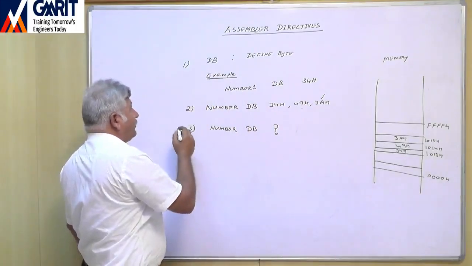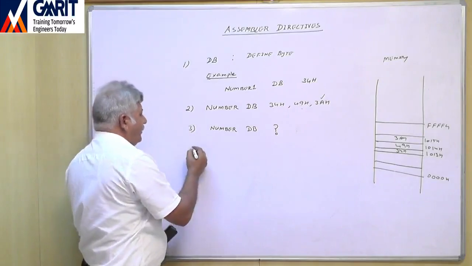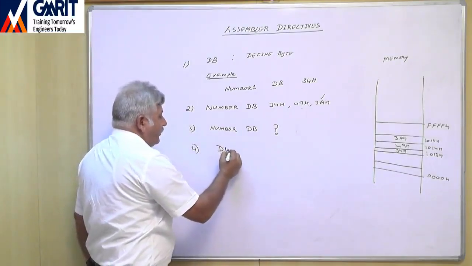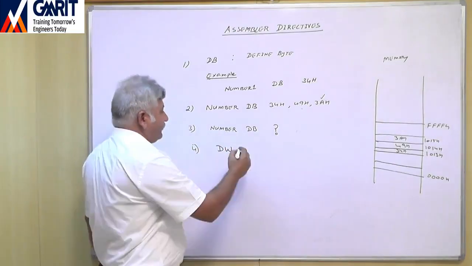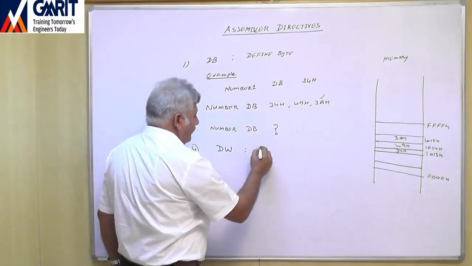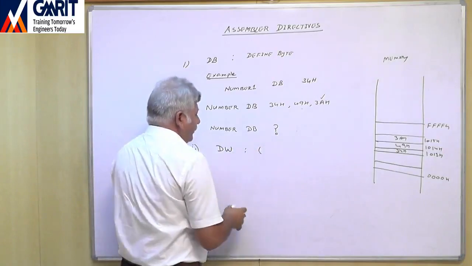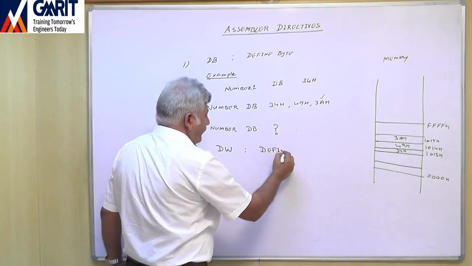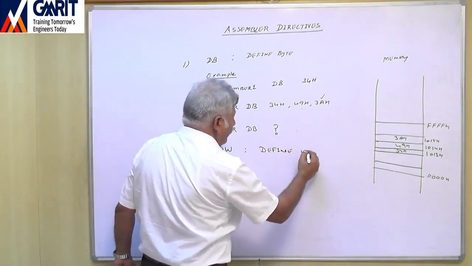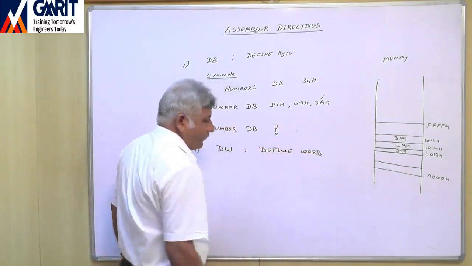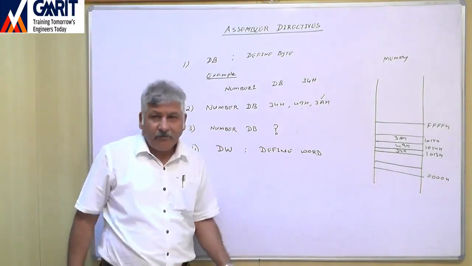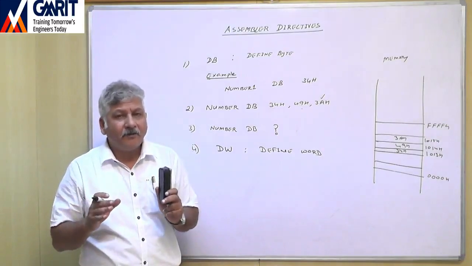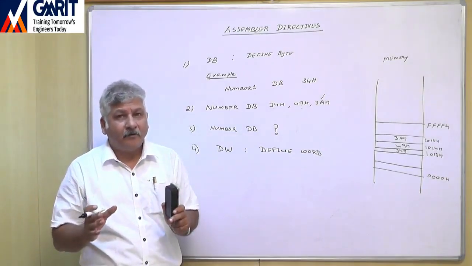Now, another is DW. This directive is used to define word, right? So this directive will assign the memory location for a word, right?